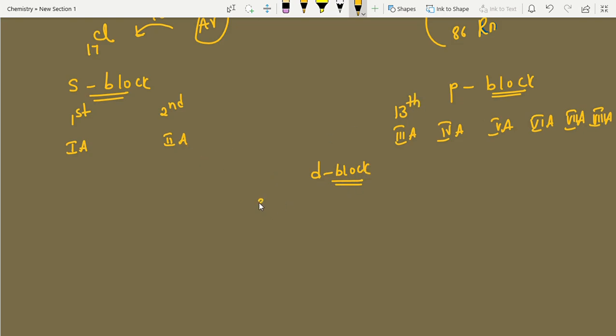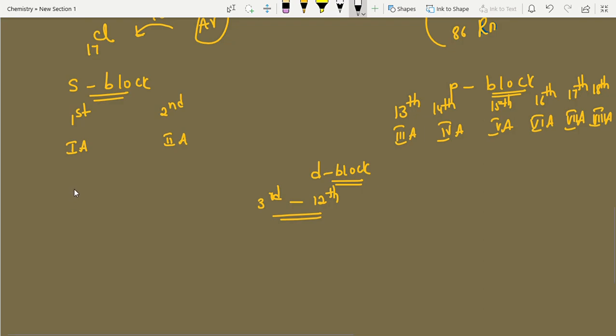Groups 3 to 12 are the d block. Then 13 and 14, 15 and 16, 17, and this is the 18th group. We have 18 groups, right? Now first let me list out the elements in each group.